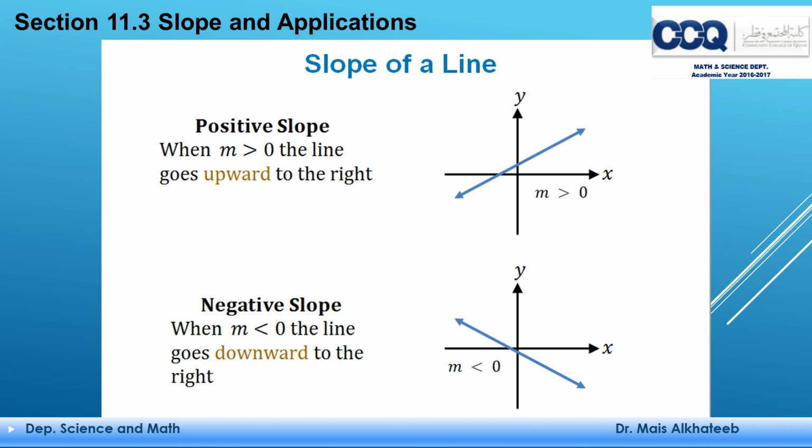Go upward to the right. If positive slope, m bigger than 0, go upward to the right.